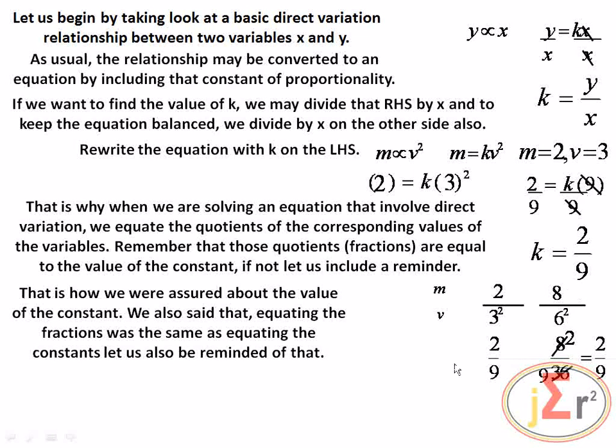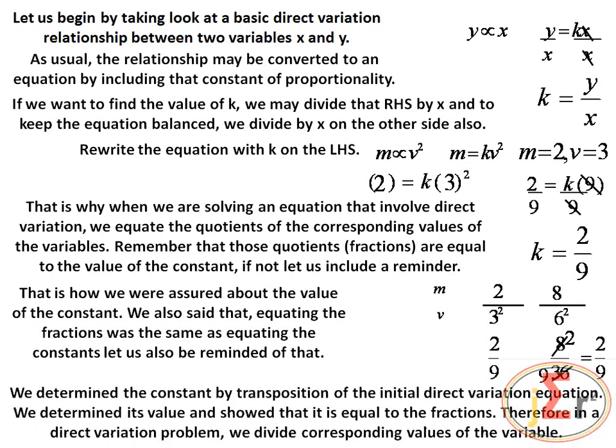So we are showing that if we divide the values, what we will get is the value of the constant, which is what was required. We determine the constant by transposition of the initial direct variation equation. We determine its value and showed that it is equal to the fractions.